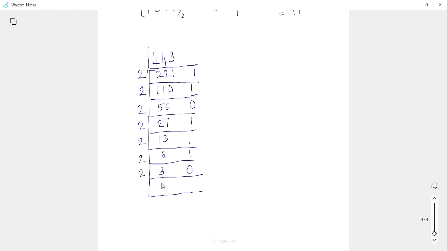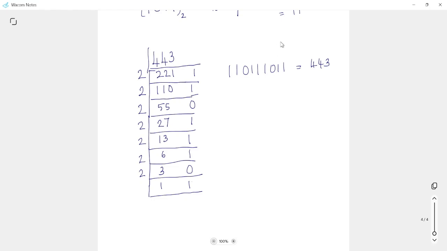And divide 3 by 2 again, I get 1 and a remainder of 1. So I put all of them together: 1, 1, 0, 1, 1, 1, 0, 1, 1. And this is equal to the number 443.